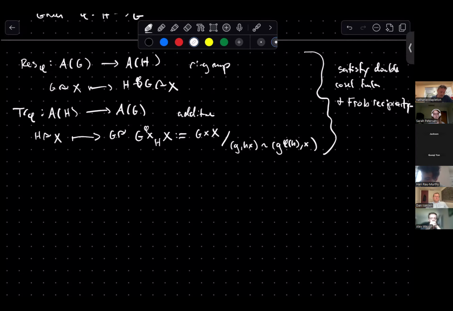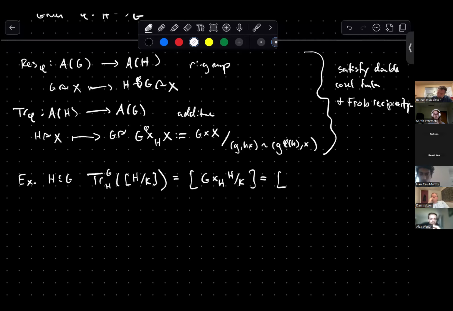So let's talk about these transfers. If H is contained in G, then the transfer from H to G of a basis element, which looks like H mod K, is this thing, G times over H with H mod K, which you will not be shocked to learn is G mod K. And so the transfers along injections send basis elements to basis elements.